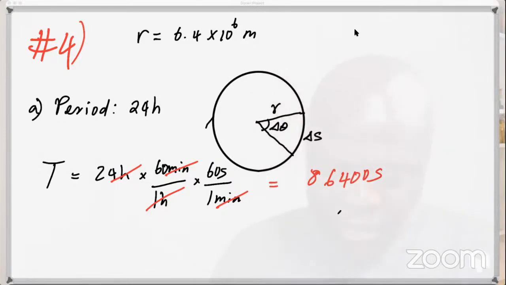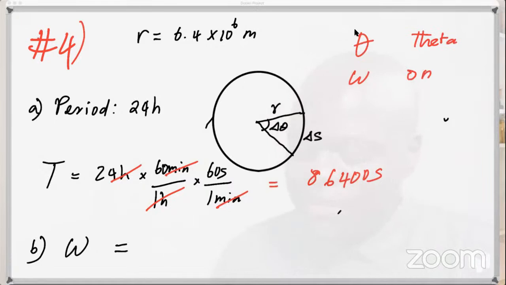How do we calculate angular velocity? I don't know what the W is called, but W, and then you do... The W is called theta? No, that's omega. This is theta, and this is omega, and this is alpha.